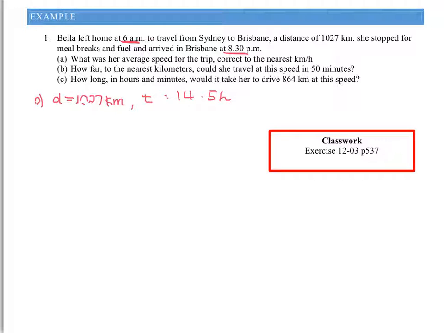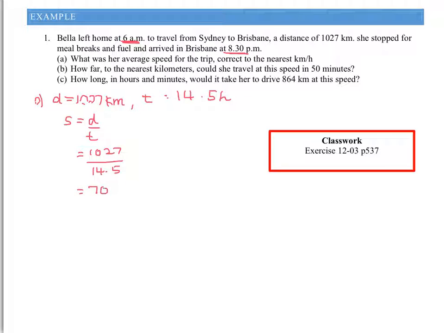So now we can use our formula. Speed equals distance over time. So we know our distance is 1,027 and time is 14.5. And we plug that into our calculator.